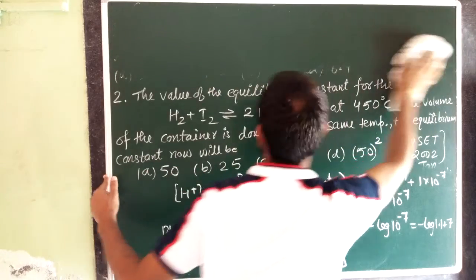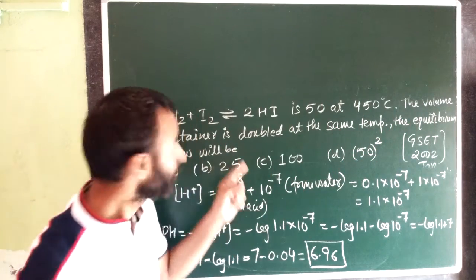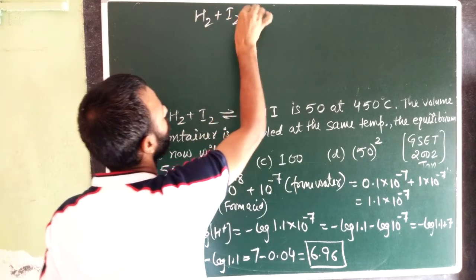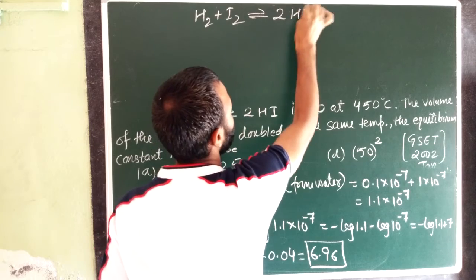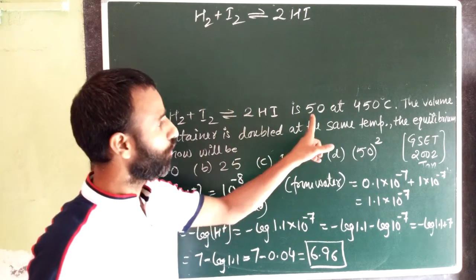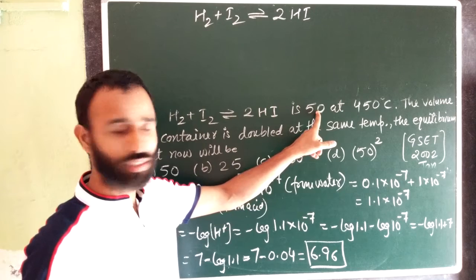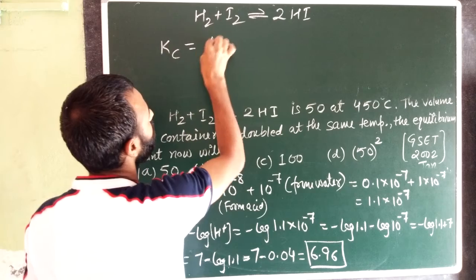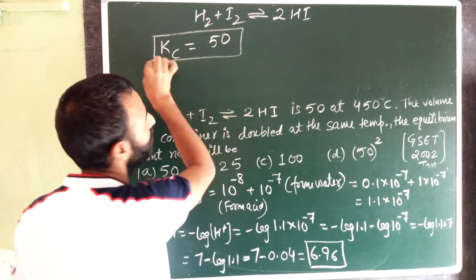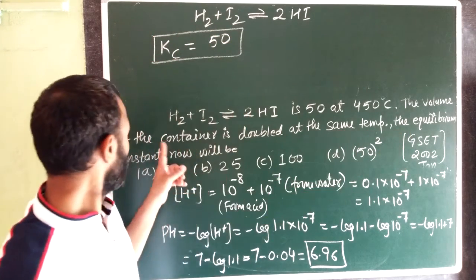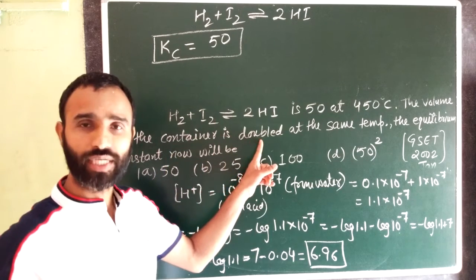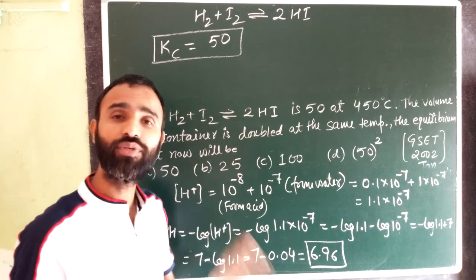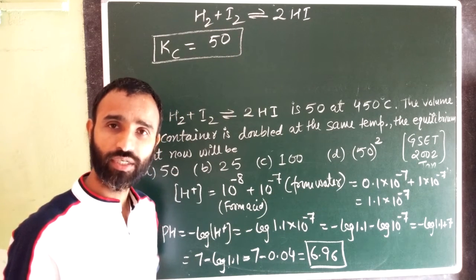Now come to the second one. The equation is H2 plus I2 to give 2HI. The equilibrium constant of the reaction is 50, meaning Kc for the reaction is 50. Now the volume of the container is doubled. If we double the volume, then the concentration is halved.